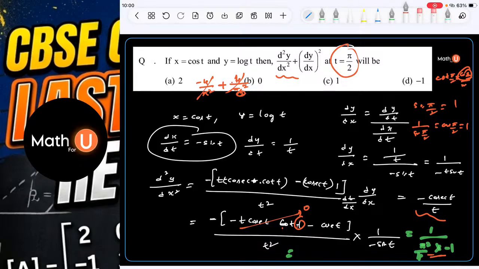They both get cancelled, we get 0. B is the correct answer. If you add these two, substitute and apply pi by 2, the value is 0.